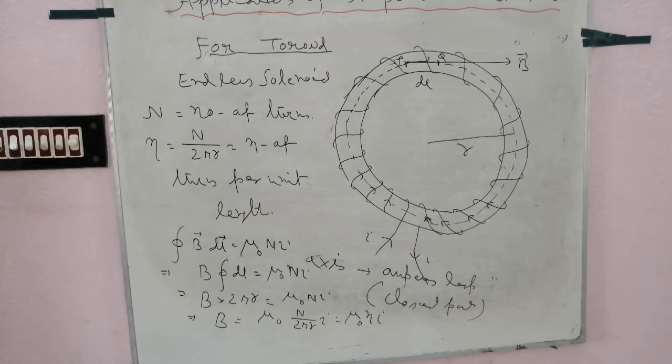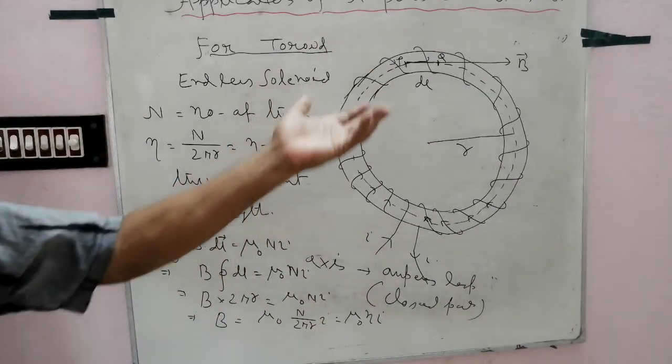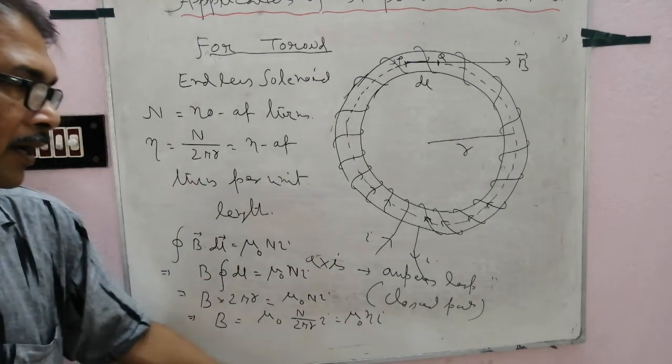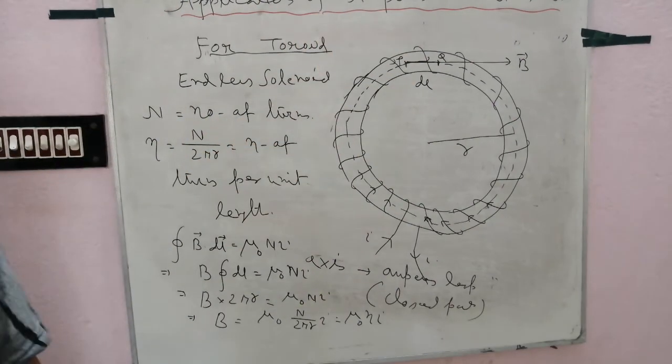Here n is the number of turns per unit length. So in a similar way, the final result for a solenoid and an endless solenoid, that is a toroid, is the same. Clear? This is another application.